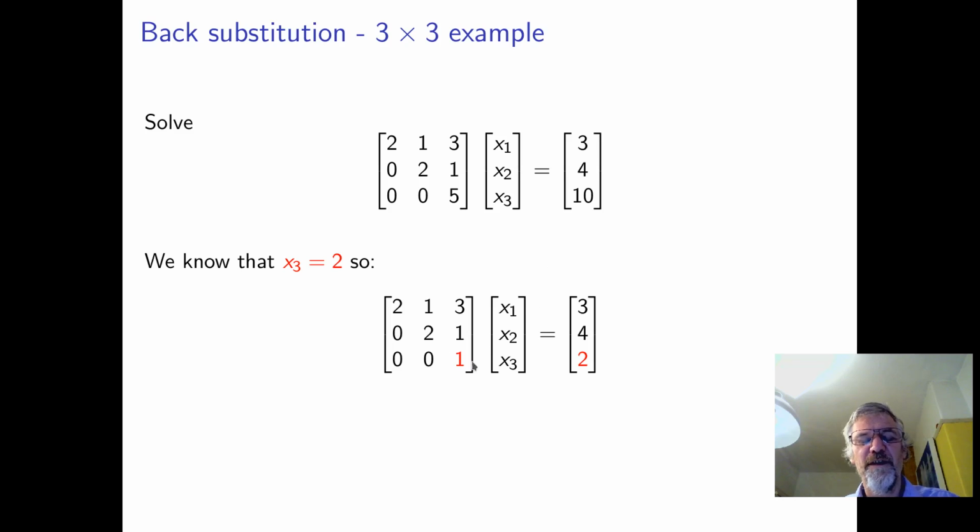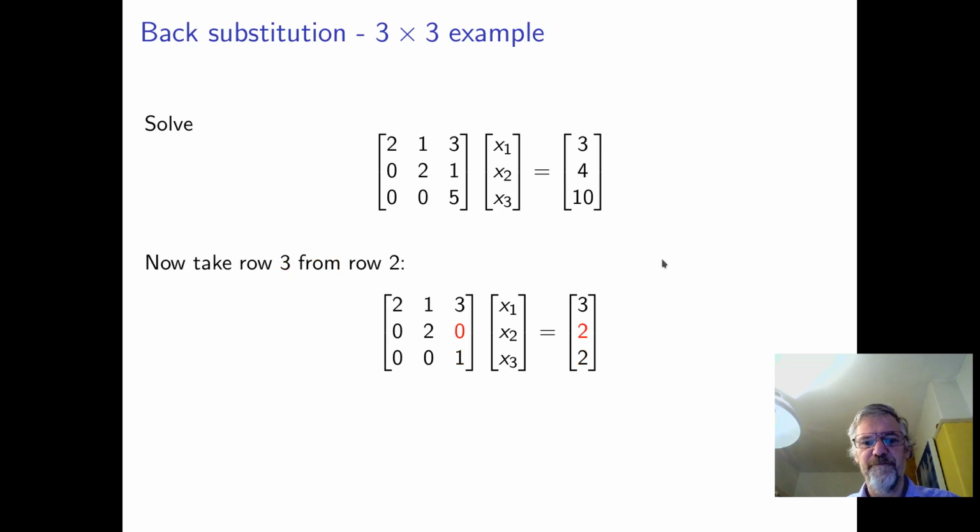So you could write it like this with a 1, and of course if we have 1s there, then we can read off the answer, x3 equals 2. But an even nicer thing about having a 1 here is it makes it easy to get rid of this number. So we can take the third row away from the second row and get rid of this 1.